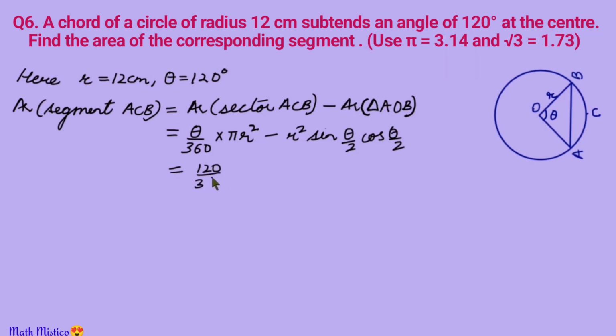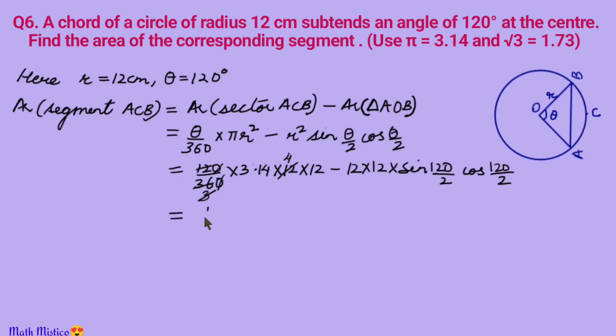We are provided with the values of pi and root 3, so we will be using them in the answer. So substituting all the values, we have 120 upon 360 into 3.14 into 12 into 12 minus 12 into 12 into sine 120 upon 2 cos 120 upon 2. Cancelling various terms in the first part and multiplying, we get 150.72.